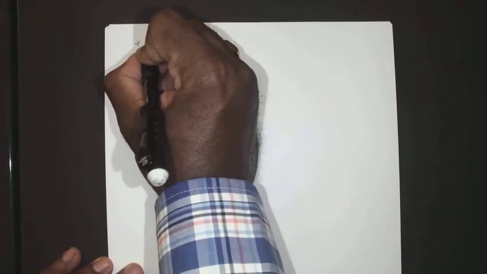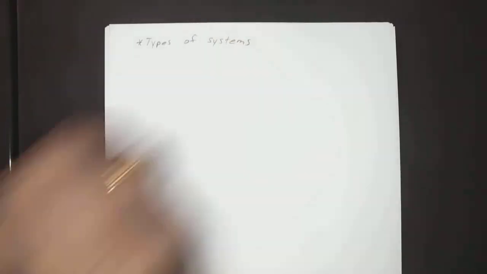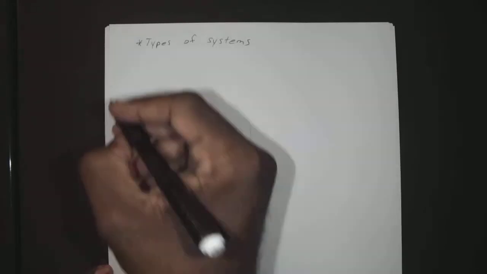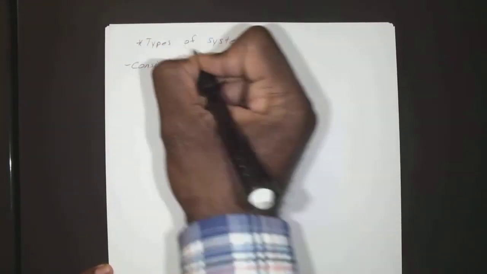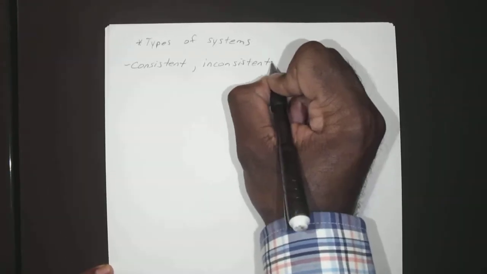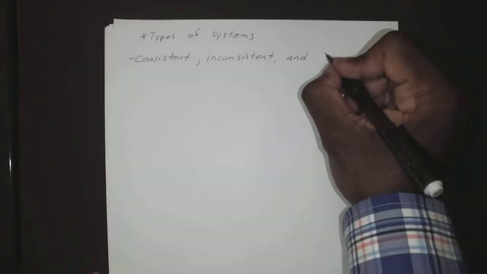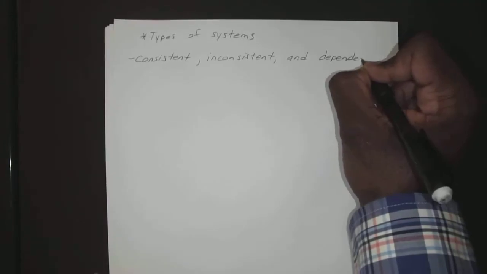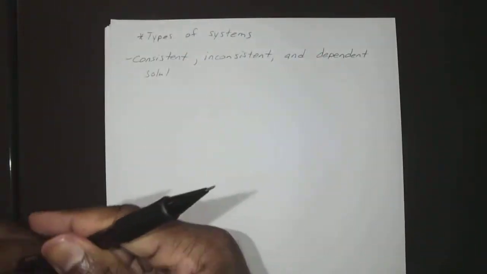Okay, so now we're going to look at the different types of systems. You have the consistent, inconsistent, and dependent equations or systems.